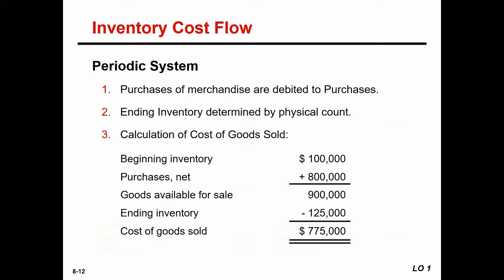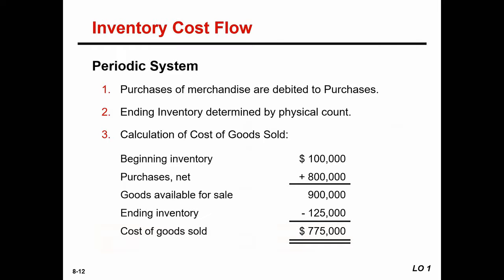So purchases of merchandise are debited to an account called purchases. This is a temporary account, and ending inventory is simply determined by a fiscal count. So at the end of the period, we will have the following figures.